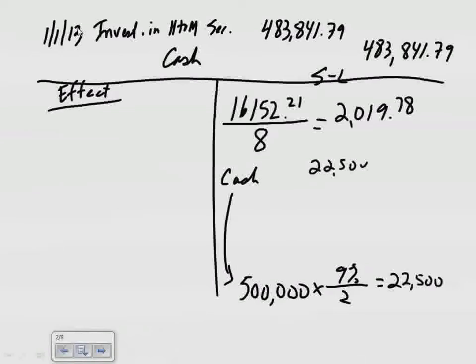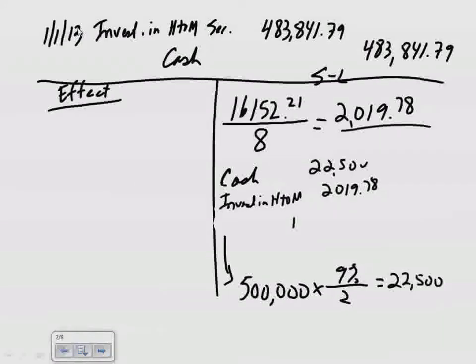The amount that I'm going to increase the asset by each period is the amount of amortization. So investment in held to maturity securities, the asset account, $2,019.78.